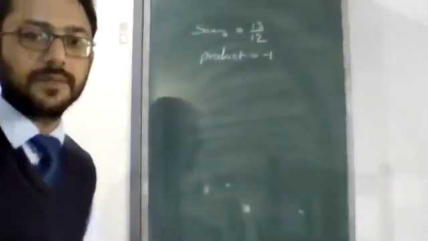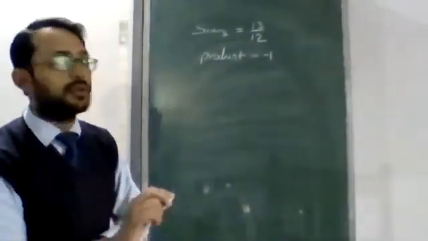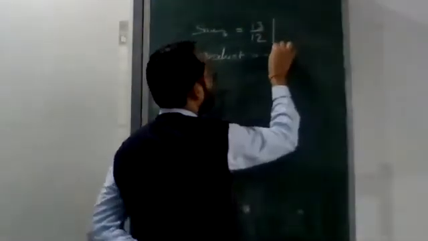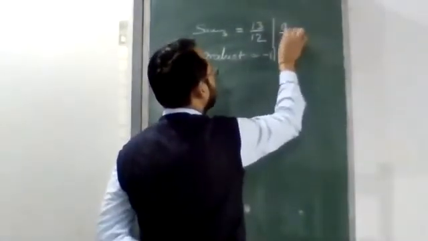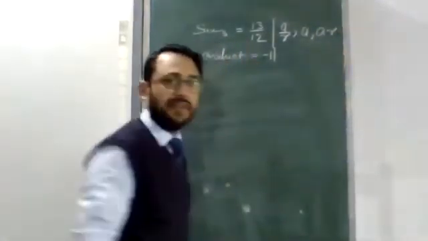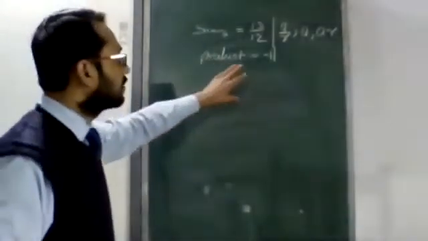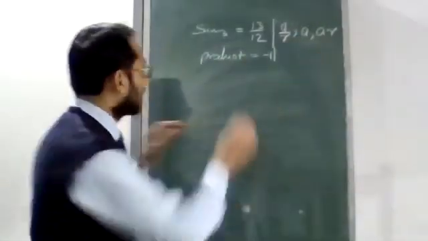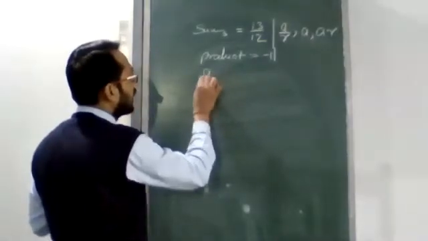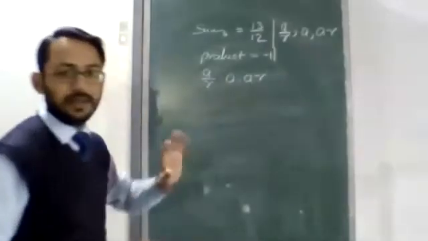Now see, the sum of three terms. Let us suppose three terms are a upon r, a, a r. As I told you earlier also, when we need to take three terms, they must be taken in such a manner that in the product, a upon r and r cancel and the ratio remains the same.